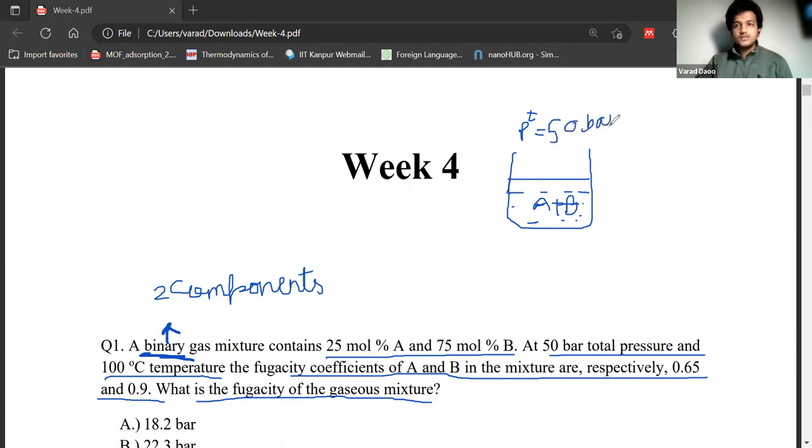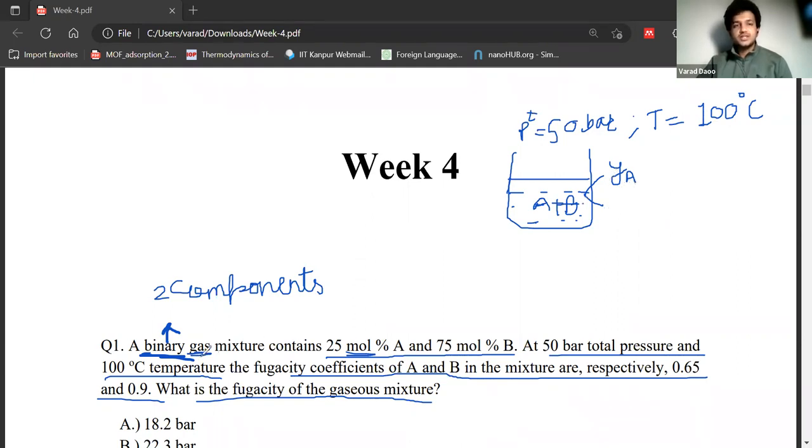Then the temperature is 100 degrees centigrade. And the mole fractions. Remember, these are the mole fractions and not the mass fractions. It's a gaseous mixture, so yA and yB are given. Conventionally we use y for gas phase mole fraction, whereas we use x for liquid phase mole fraction.